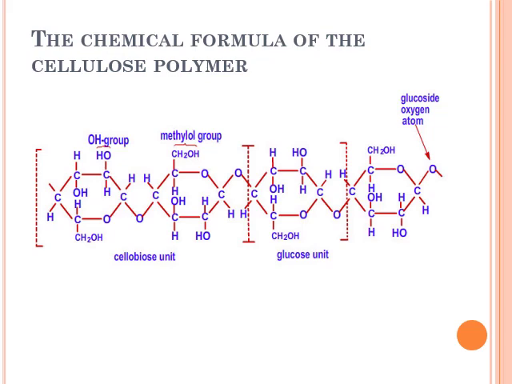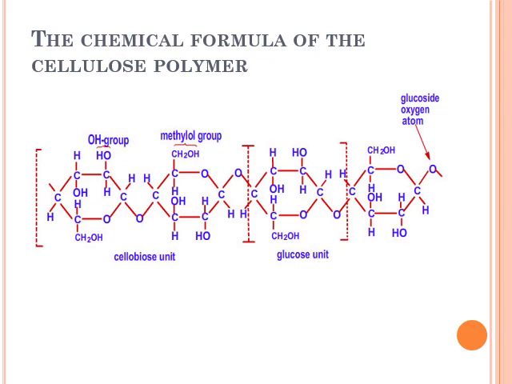The most important chemical groups on the cotton polymer are the hydroxyl groups, that is OH, which are also present as methylol groups, that is CH2OH. Due to the presence of hydroxyl groups, the polar nature of the polymer gives rise to hydrogen bonds between the hydroxyl groups of adjacent cotton polymers.